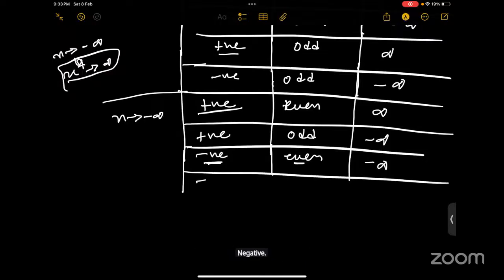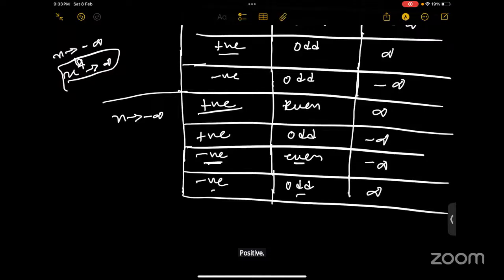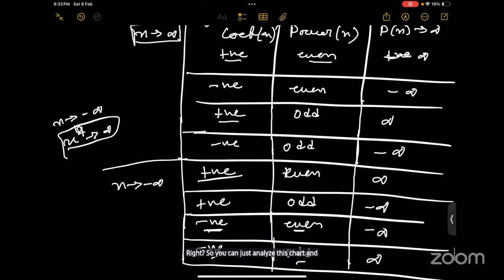And if we have the negative coefficient with odd power, we will get negative from here and negative from here, so negative will be positive then, right? Yes. So you can just analyze this chart and we will always follow this chart.